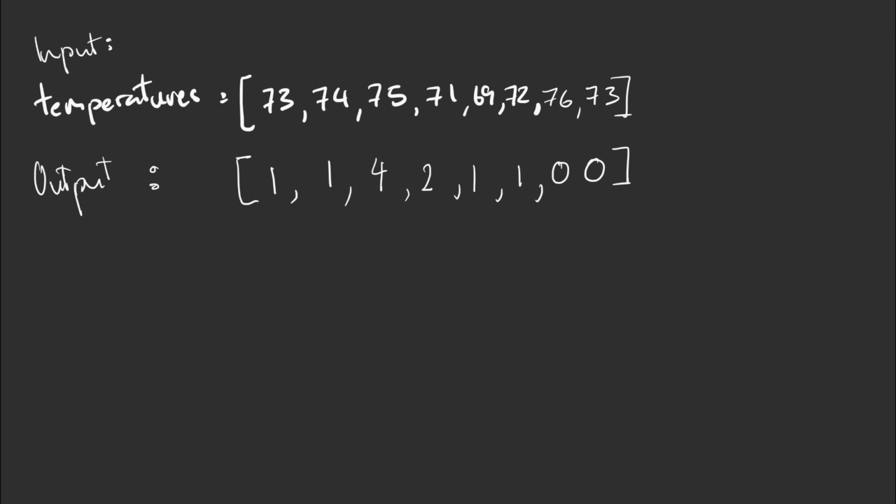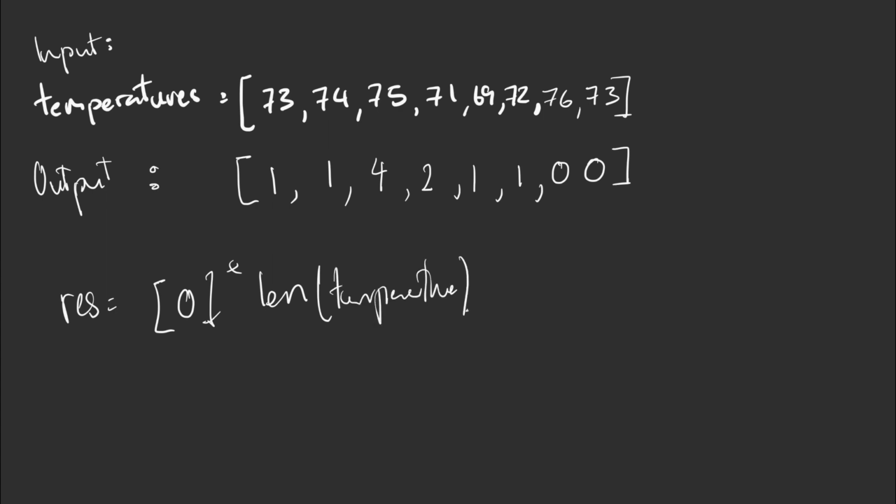Basically, we need a results output, and that's going to be equal to the length of the temperatures array. Why?